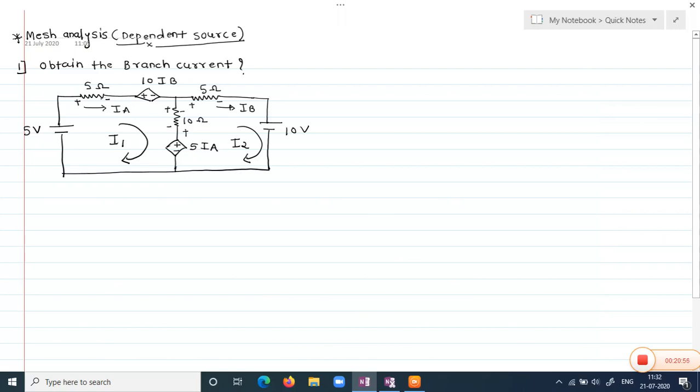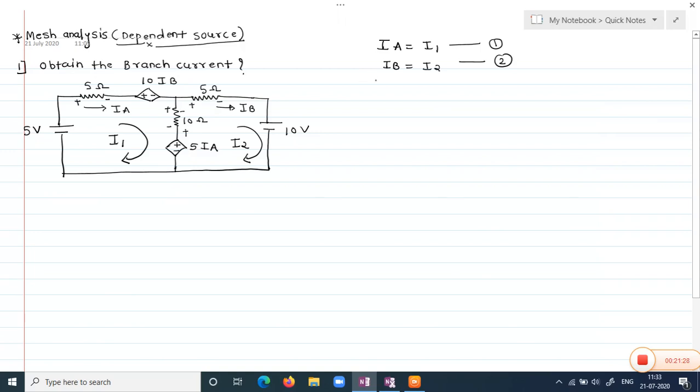Means the controlling parameter IA is present in I1 and IB is present in I2. So you have to write IA is equal to I1 and IB is equal to I2. That is equation 1 or equation 2.